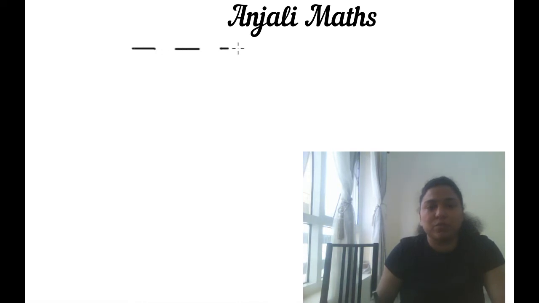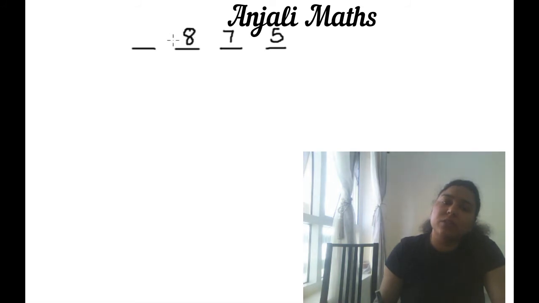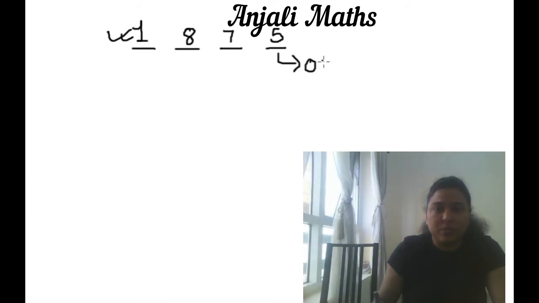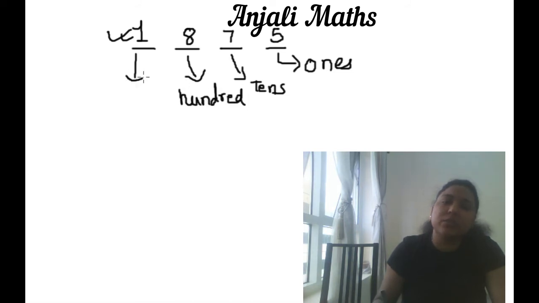1, 2, 3, 4, 5, 7, 8, 1. We will start from 1. This is the ones place, this is tens, this is 100, this is 1000.